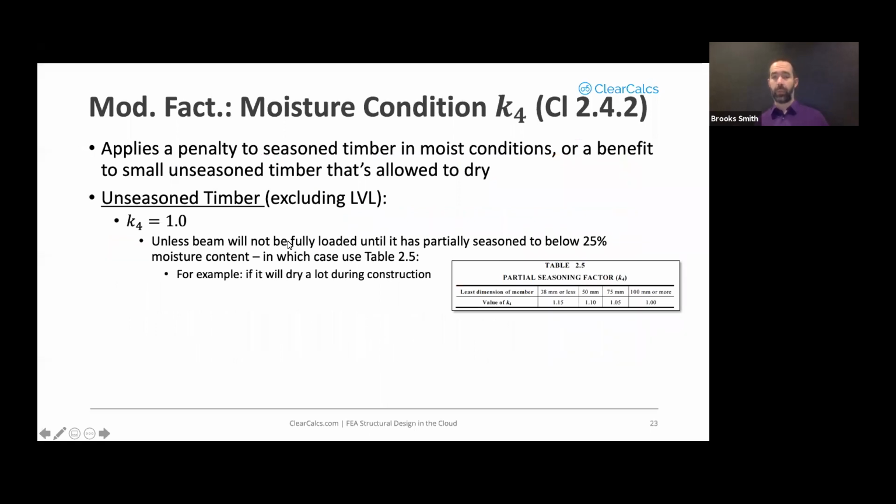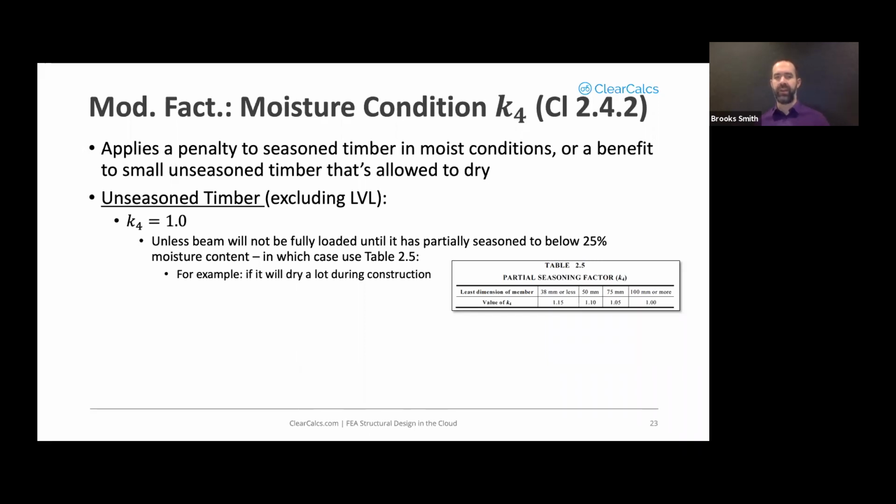So moving on, moisture condition, that's your K4 factor. This applies a penalty to seasoned timber that's used in moist conditions, or it applies a benefit to small cross-section unseasoned timbers that are given the chance to dry. So first, for unseasoned timber, usually your K4 value is going to be 1.0.